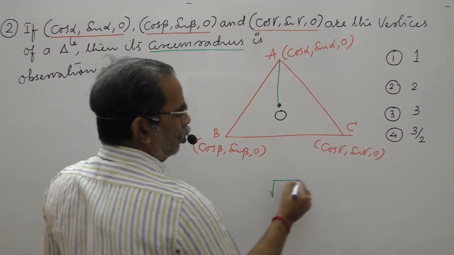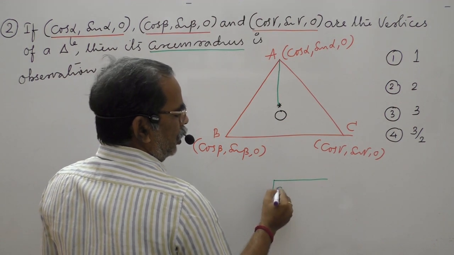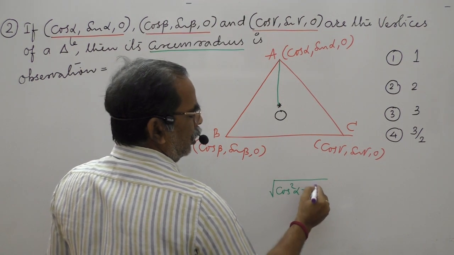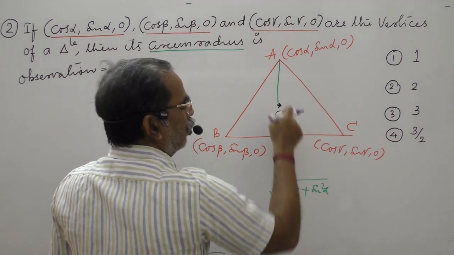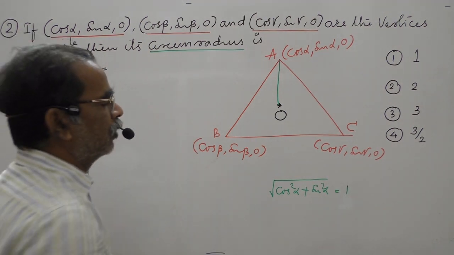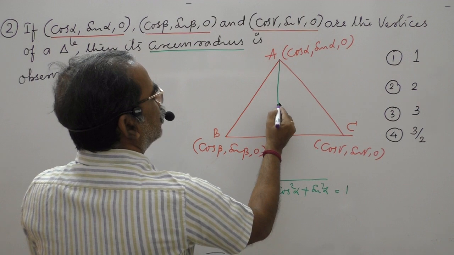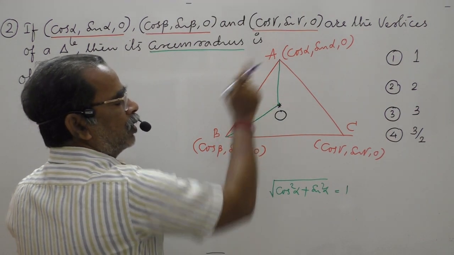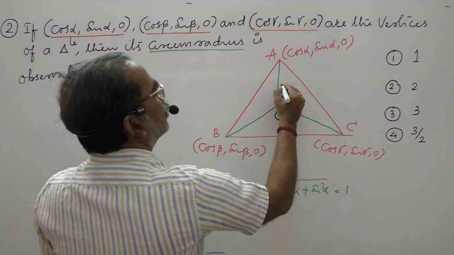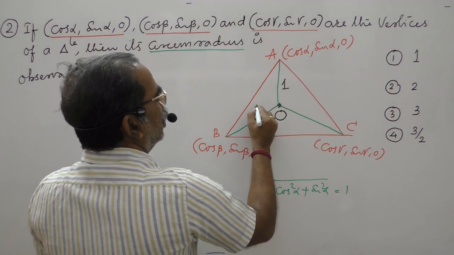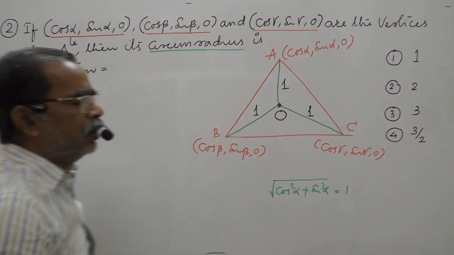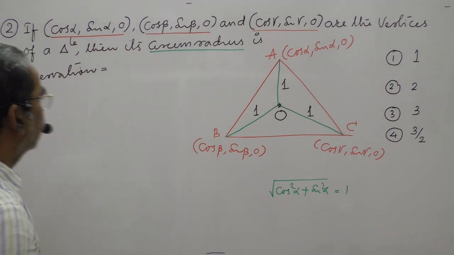Distance will be under root of cos alpha minus 0, cos alpha only, plus sin alpha minus 0, sin alpha only. 0 minus 0, 0 only. What is this? Cos square plus sin square 1. Therefore, similarly, this distance also same terms, angle different. So, by our observation, origin is equidistant from the vertices.